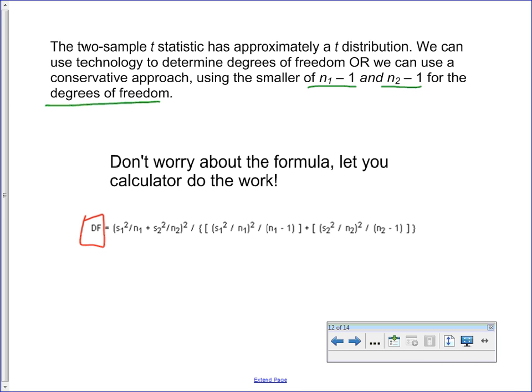Because if you were publishing, this formula will give you a higher number for degrees of freedom, which in turn will give you a lower critical value, which in turn will make it more likely that you'll get either a narrower confidence interval or a lower p-value. No one is going to ever ask you to plug numbers into this formula. This formula is a hot mess. But we will learn, the calculator will do that for us. And if you plug your data in, it will give you this number for degrees of freedom. And you are allowed to use that.